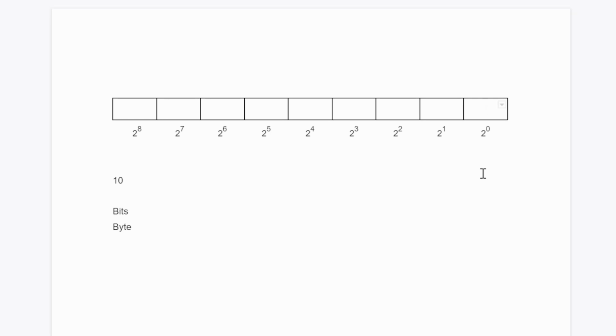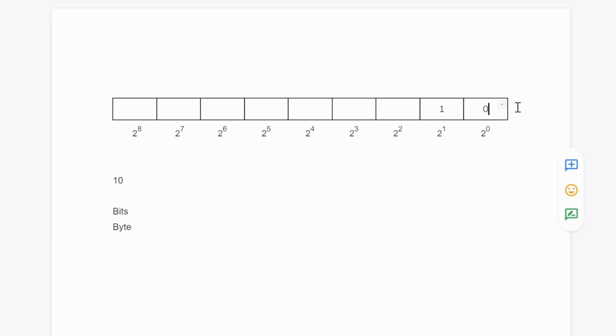The computer starts at 0, then it goes to the next number, 1, and once it's reached 1, it's run out of symbols. It doesn't have another symbol, so it moves that to the next place value, and over here it goes back to 0.